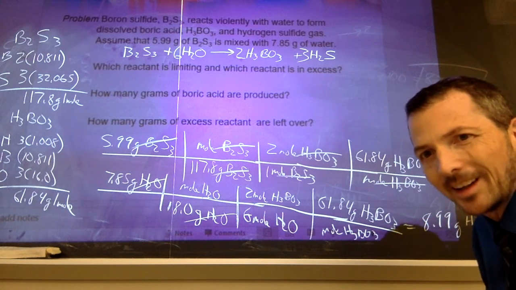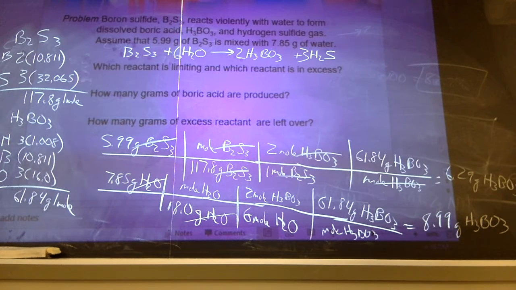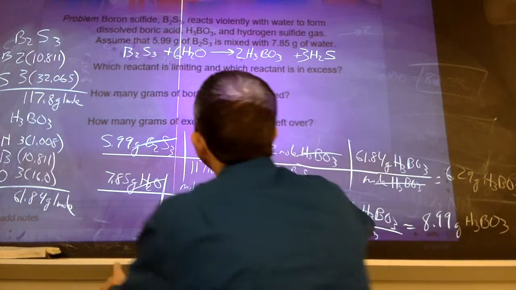So you get 8.99 grams of boric acid. So since my B2S3 produced the least amount, that's my limiting reagent.